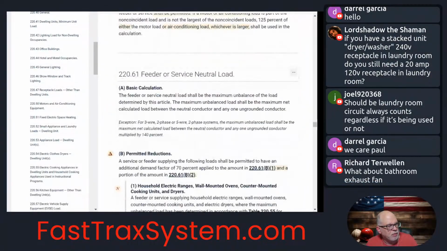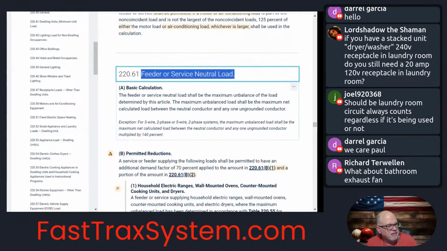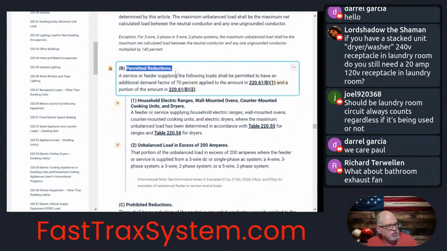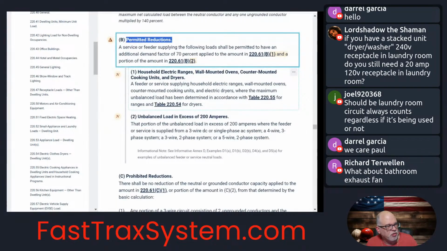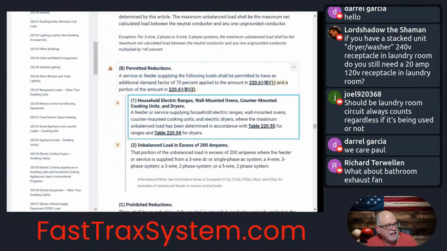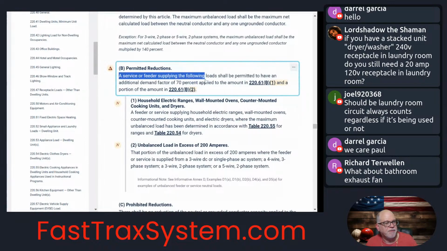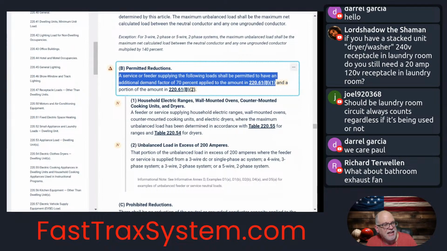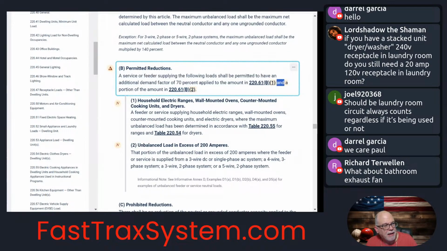So here we're dealing with the feeder or service neutral load. Here's B, permitted reductions, and here you see for the dryer, for ranges, wall-mounted ovens, counter-mounted cooking. It says, up at the beginning, a service or feeder supplying the following loads shall be permitted to have an additional demand factor of 70% applied to the amount in 220.61(B)(1) and a portion of the amount in 220.61(B)(2).